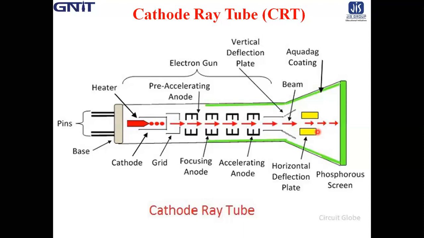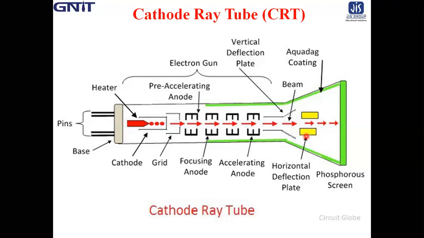The electron beam may be scanned horizontally from one end to another at a uniform rate by applying a sawtooth voltage, which varies linearly with time, across the horizontal deflection plates.